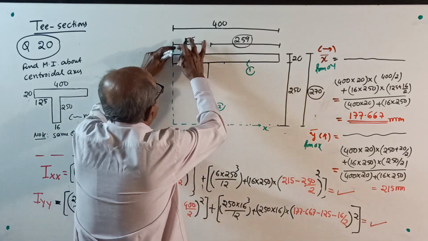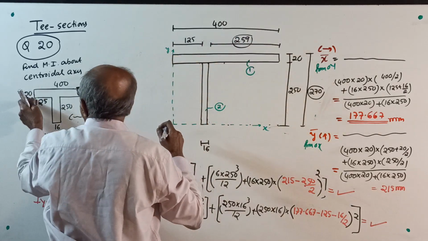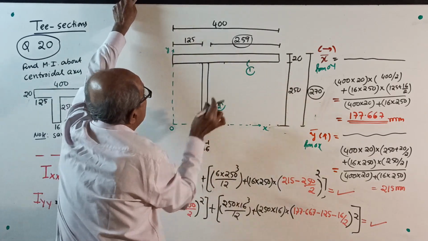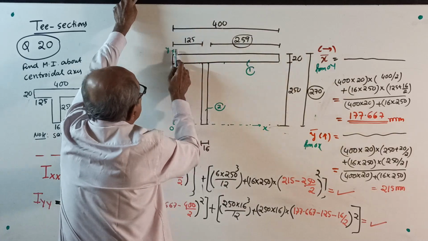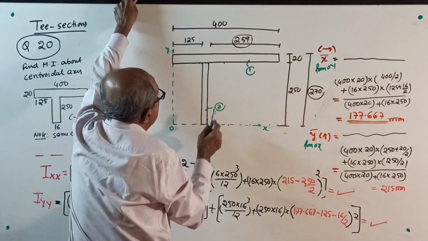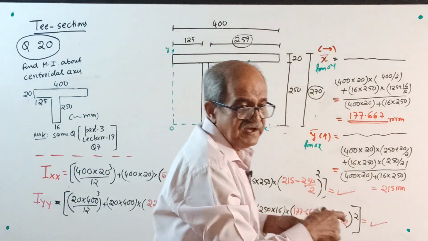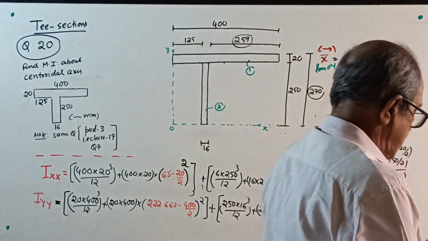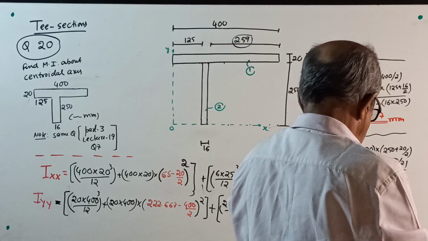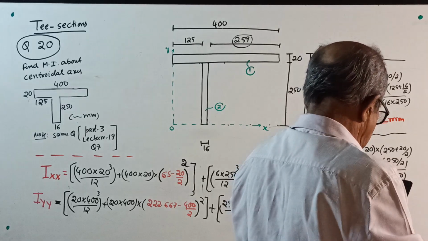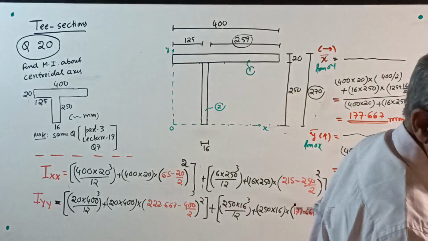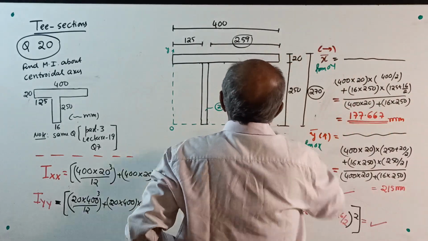To 400, this is 125, this is 16. From 400, subtract 125 and 16, you will get 259. Okay, correct. 259, you will get this distance.